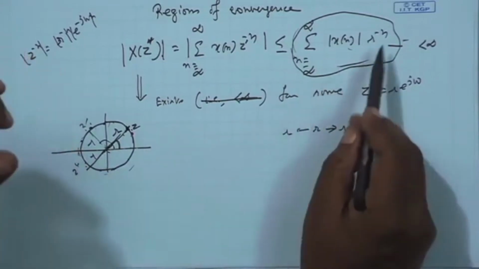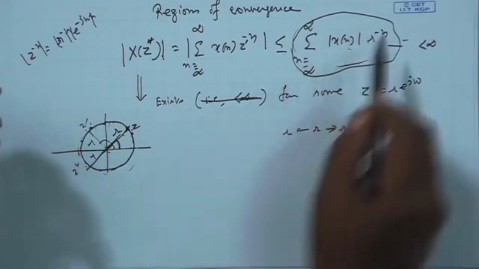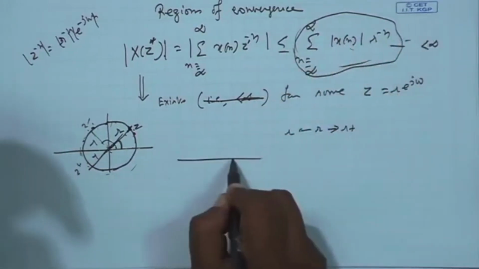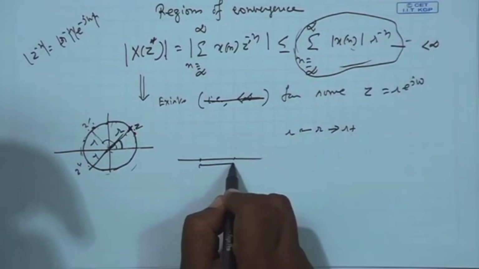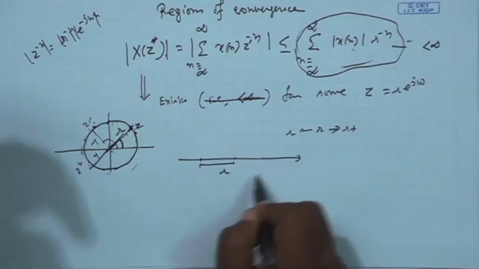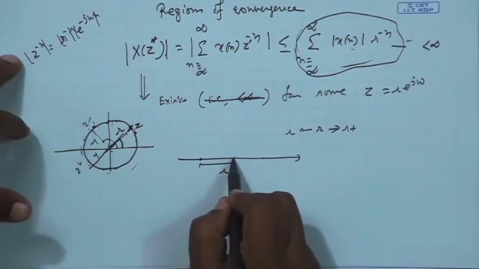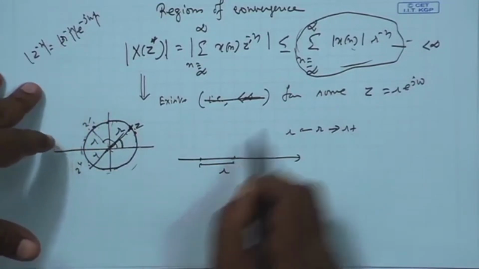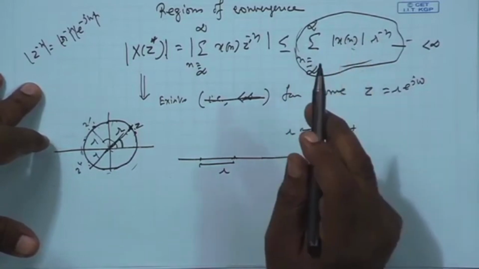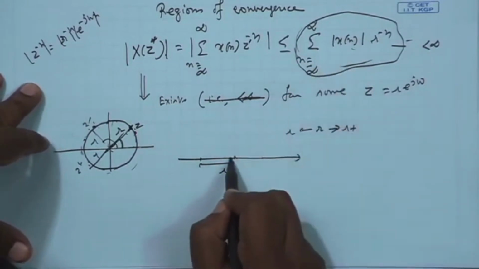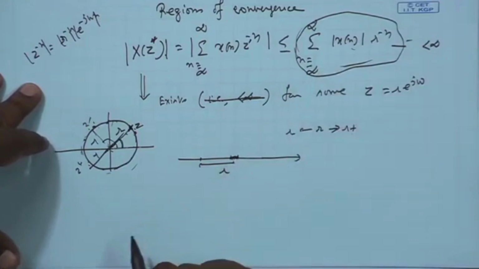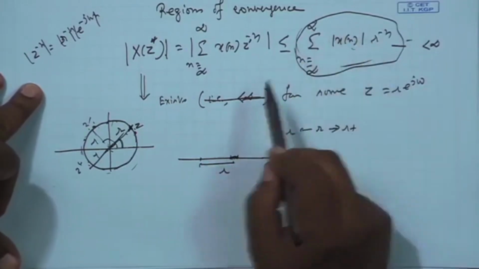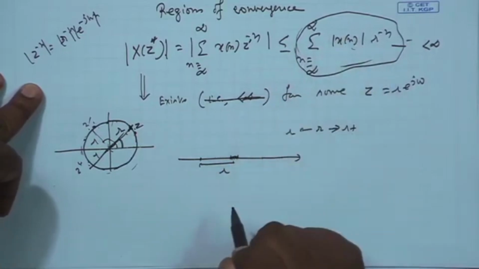Because of continuity, if this summation is finite for this much r on the real axis, it is not possible that immediately to the right or immediately to the left of r, the summation will shoot up to infinity. It is not possible. There will be a band because of the continuity, however small that band. Within that, the summation will still be finite. It cannot be finite just for a single point.